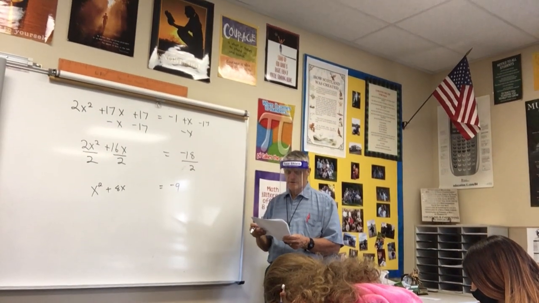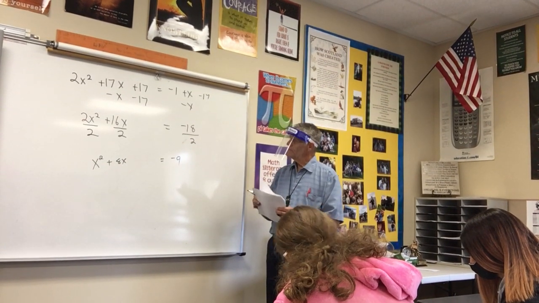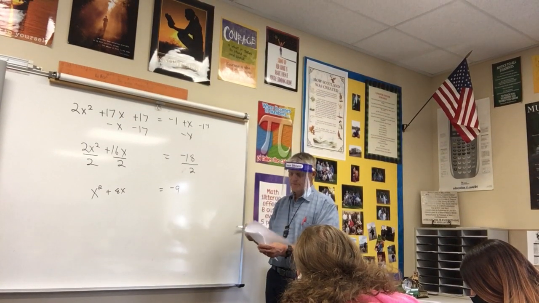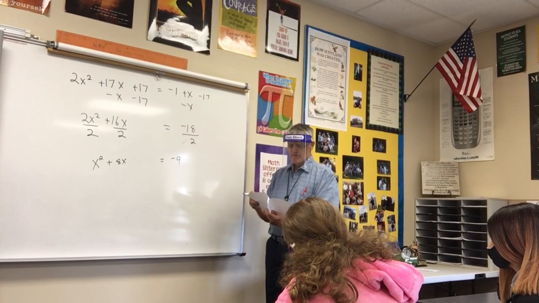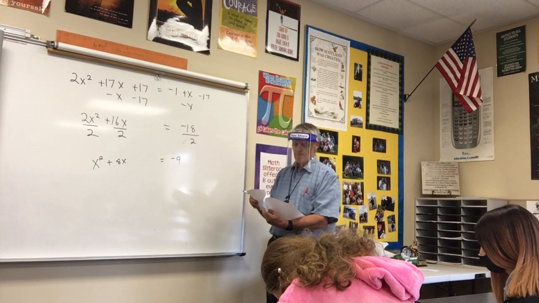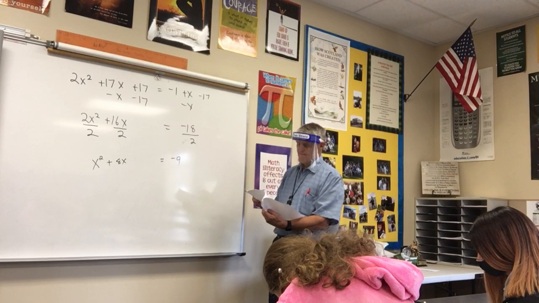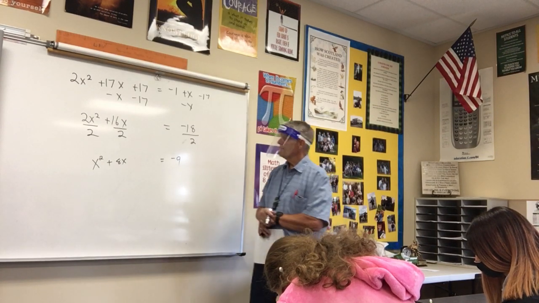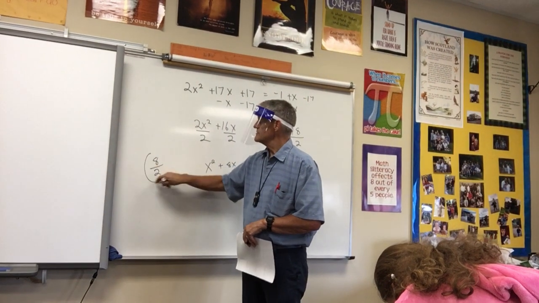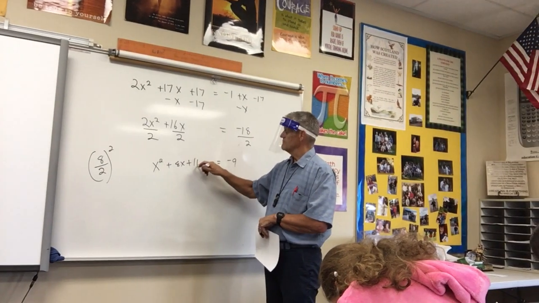Now I'm going to do the same thing. When we do the next part, it's going to be a little bit different than this. So, from there, I'm going to take the 8, divide it by 2, and square it. And that is plus 16.